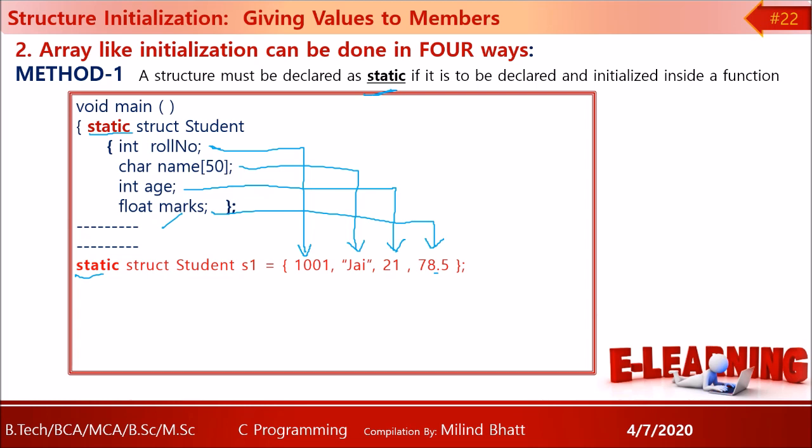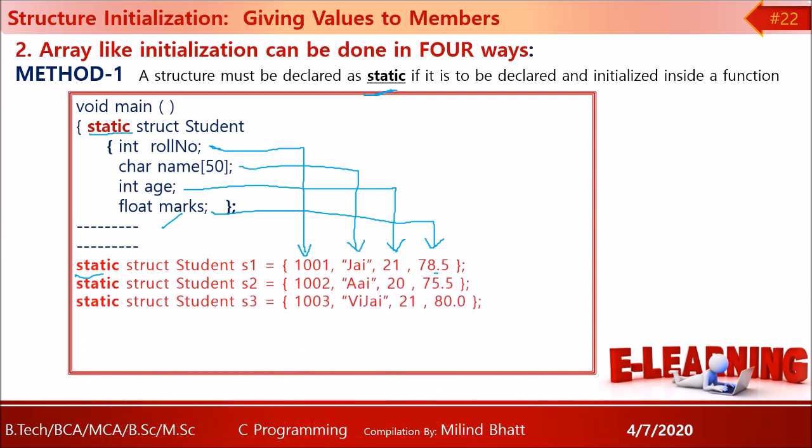So sequence matters. Similarly, you can have n number of such variable declarations. Say this is S1, similarly S2, and similarly S3. In this way, you can access them anywhere in your program.